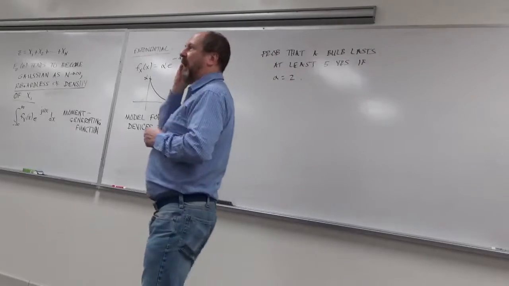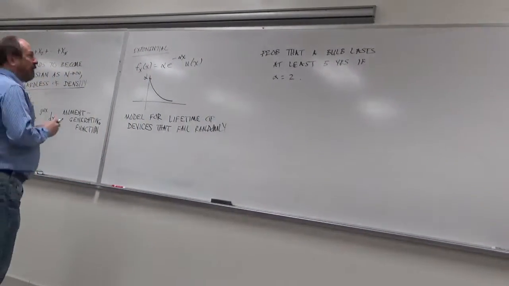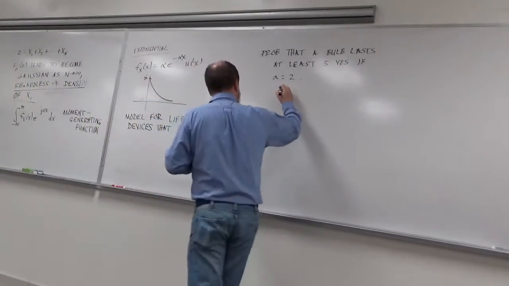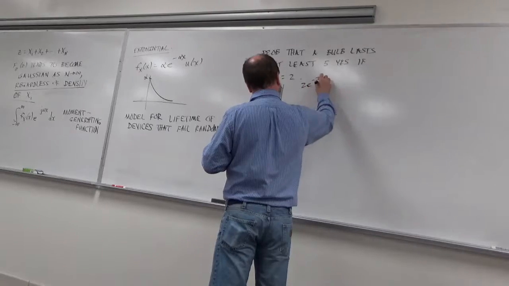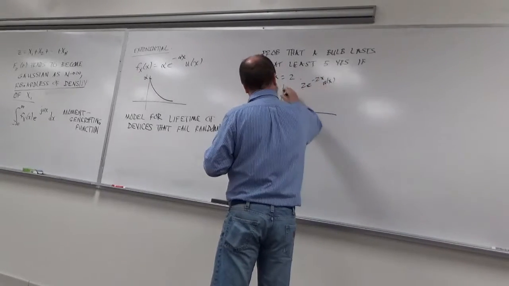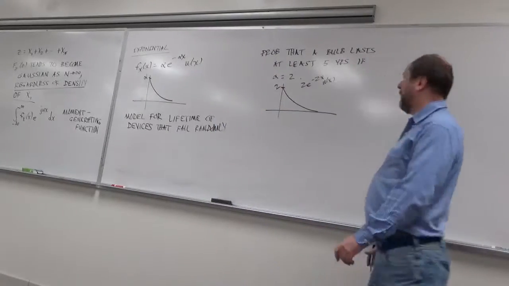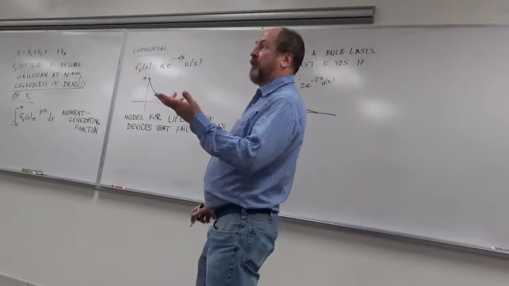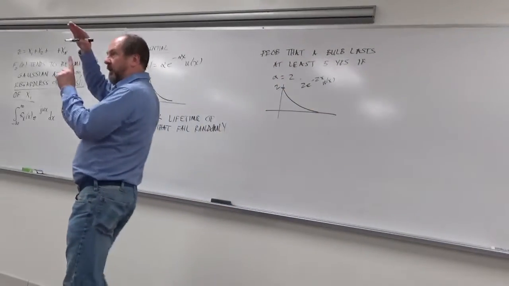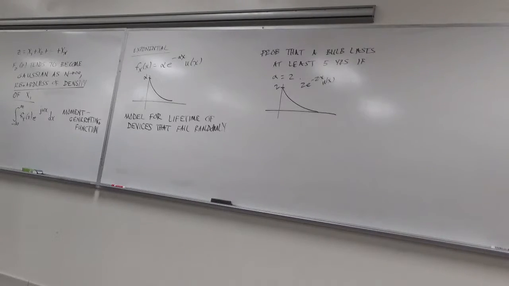Now, I haven't told you what alpha is yet, but this gives you enough information. If alpha is 2, all I'm really interested in is this. That means this would be 2e to the minus 2x u of x. And so it starts at 2, and it decays monotonically to 0. Alpha is 2. That tells you where it starts, how tall it is at x equals 0, and it tells you how fast it decays.